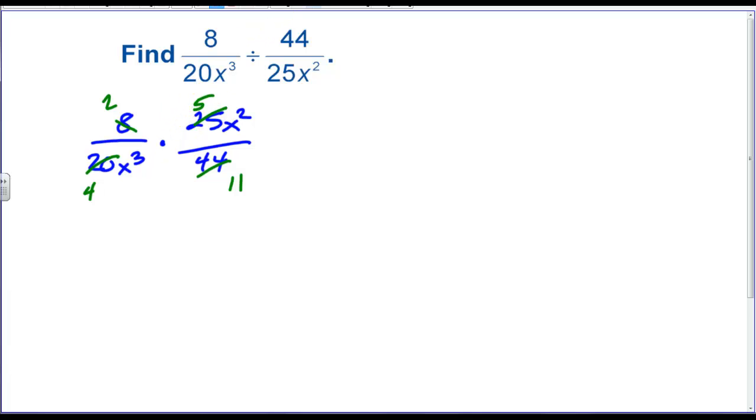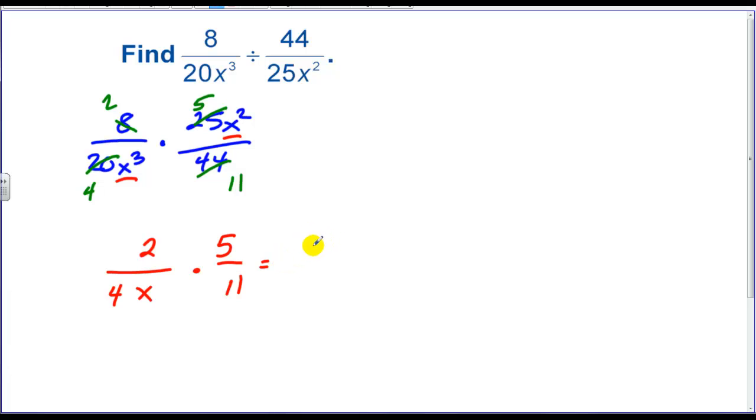And then we've got this x cubed and x squared. Got a 2 and then a 5. The x and the x squared, bigger terms in the denominator, subtract the powers, that's an x, and I have a 4 and an 11 left. So I'm going to multiply what's left.